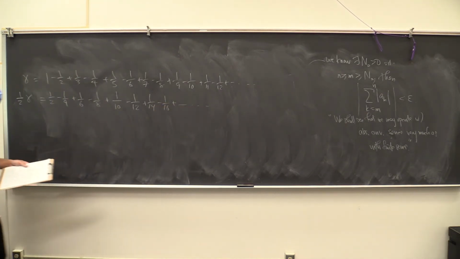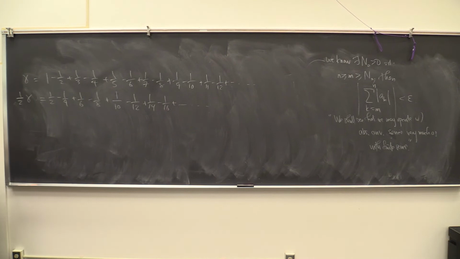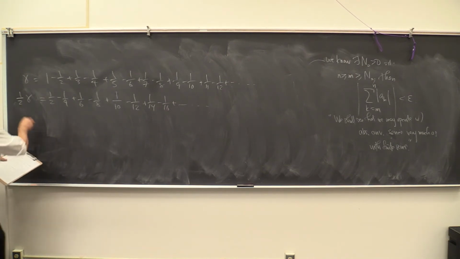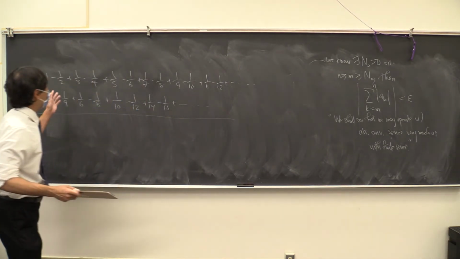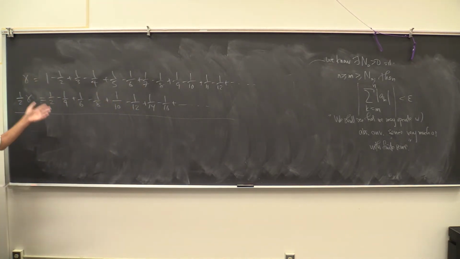So let's take half of it. I've just got a bunch of numbers here, and I'm going to add these two things together. I want an expression for 3/2 gamma.